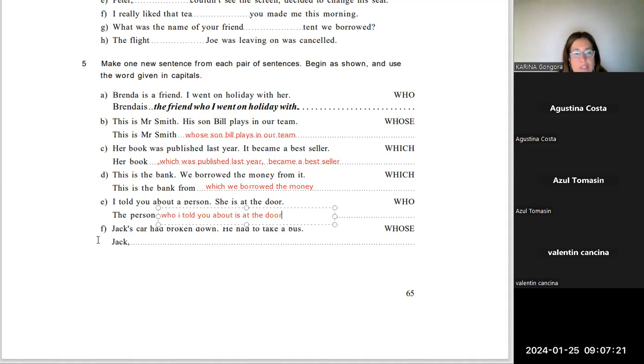Very good. And the last one, Jack's car had broken down. He had to take a bus. Jack, and we have the comma there, so we don't need to add whose car had broken down, had to take a bus.